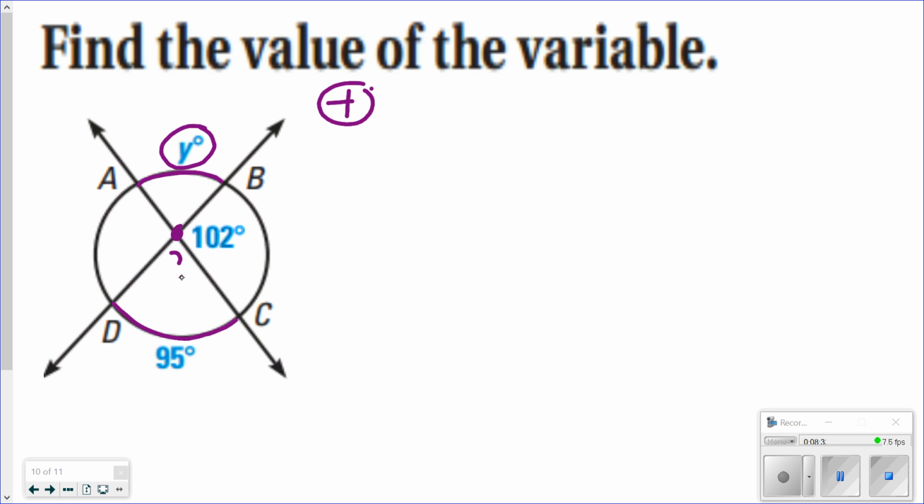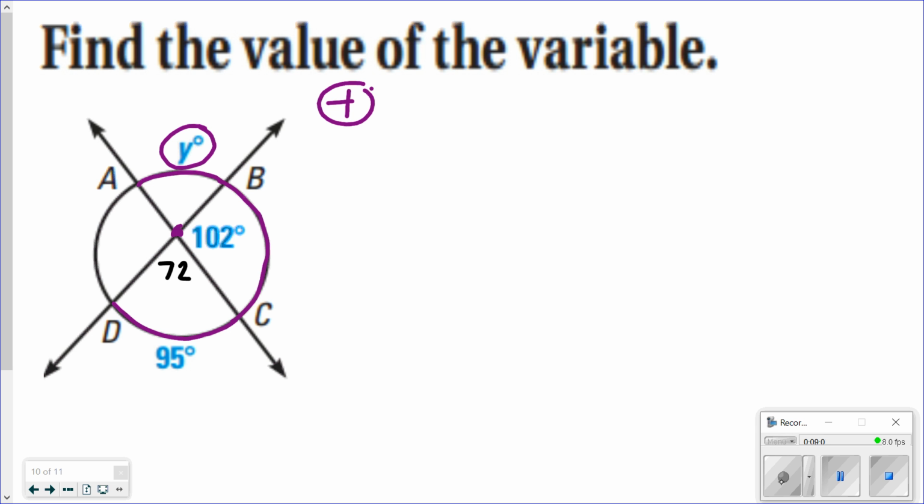But what I do notice is that I have 102. And what do we know about 102 and that missing angle? We know that they're a linear pair, meaning that they add up to 180 degrees. So let's find that missing angle measure, and I'll call it x. We know that x plus 102 is equal to 180 degrees, and we end up getting that x is equal to 78.